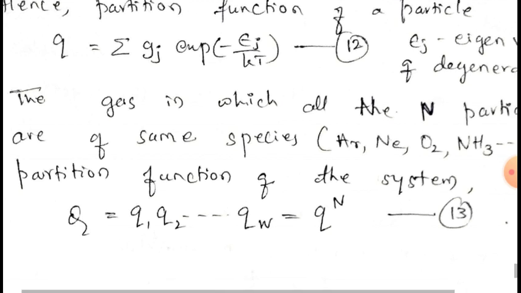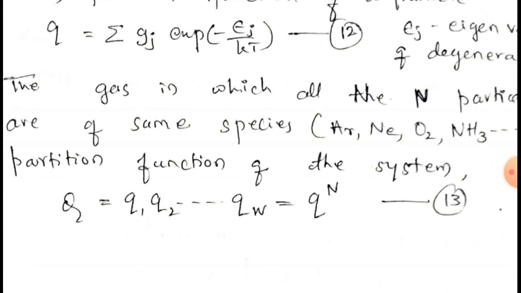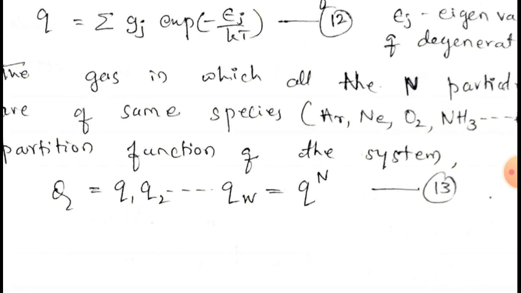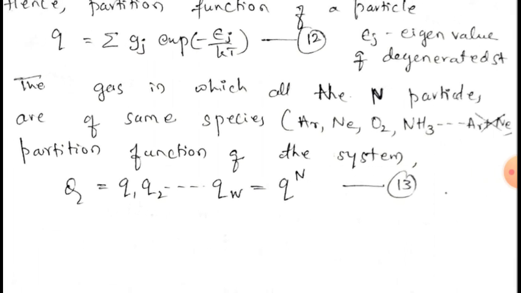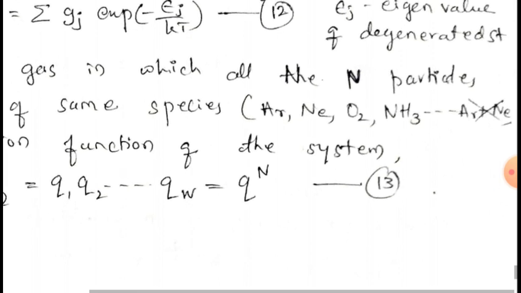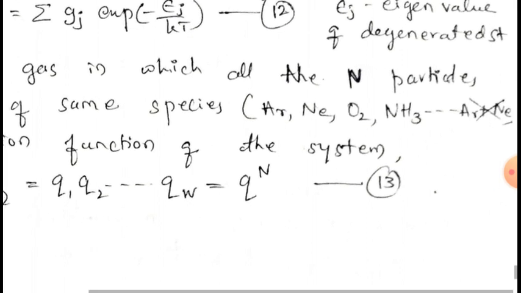Then consider a gas in which all the n particles are of the same species. A system may contain different kinds of particles, but we are considering a system wherein all the particles are one and the same, identical. They may be oxygen atoms, or argon atoms, or neon atoms, or ammonia molecules. But here a combination is not allowed. That is, argon plus neon is not allowed.